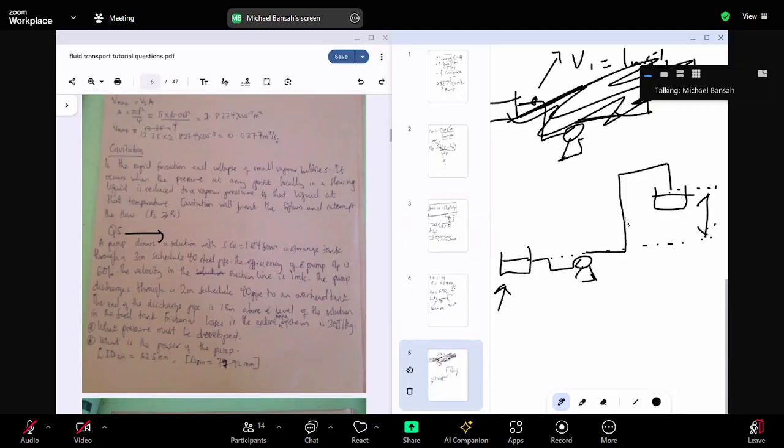This distance, which is also referred to as change in Z, is 15 meters. Is that fine? They said it's above the level of the solution in the feed tank. Frictional losses in the entire piping system is 30 joules per kilogram.